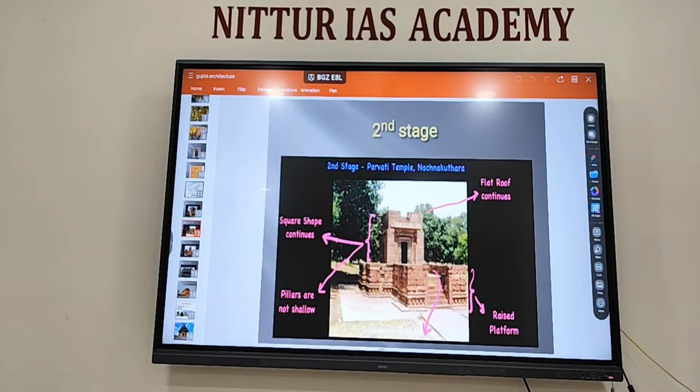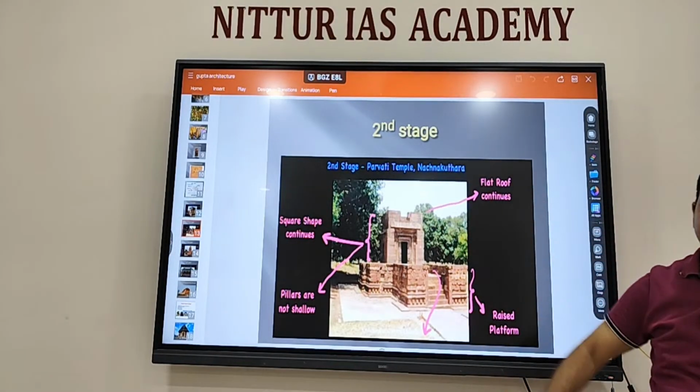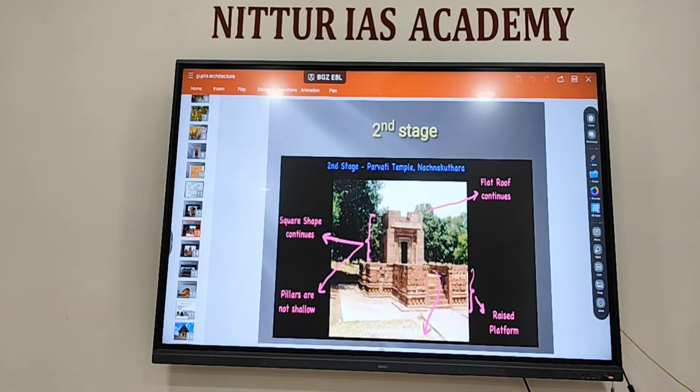Example you can mention: Parvati temple at Nachna Kuthara.